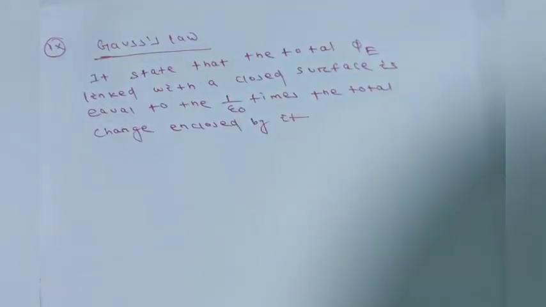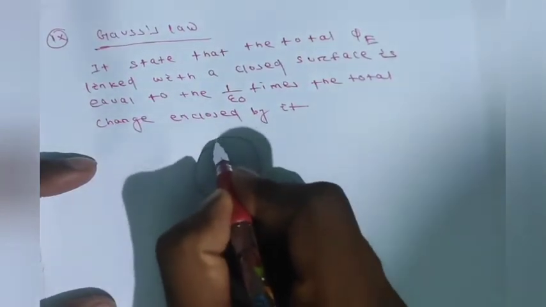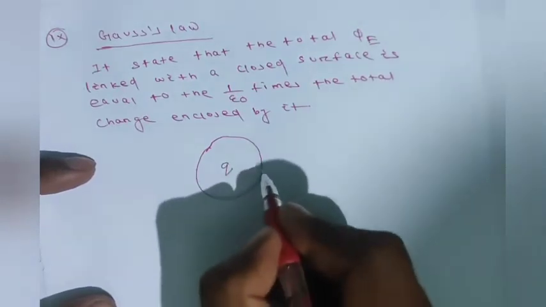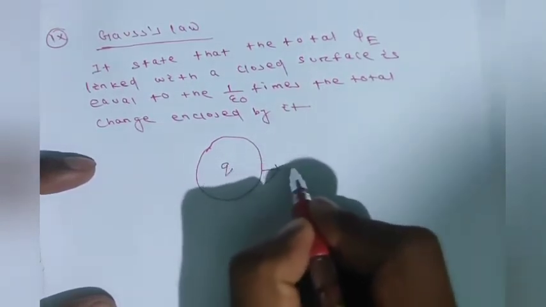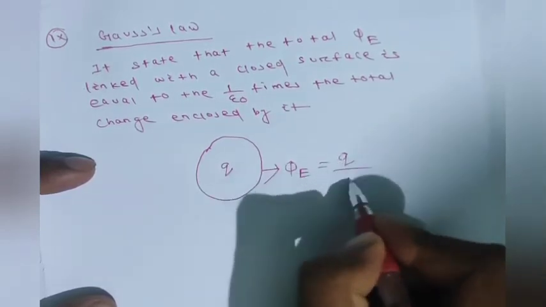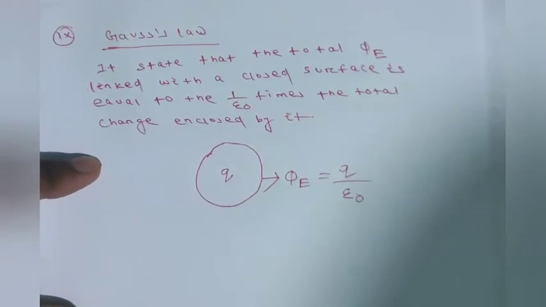This is the statement of the Gauss law. If we understand physically, see, if this is a closed surface and this closed surface encloses a charge Q, then according to Gauss law, the electric flux linked with this surface will be Q divided by epsilon. This is the statement of this Gauss law.